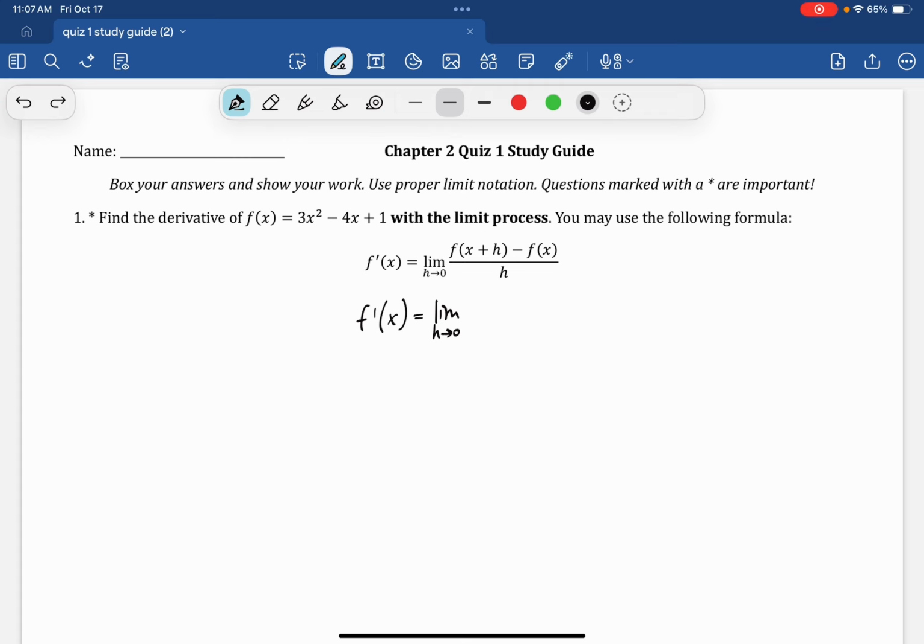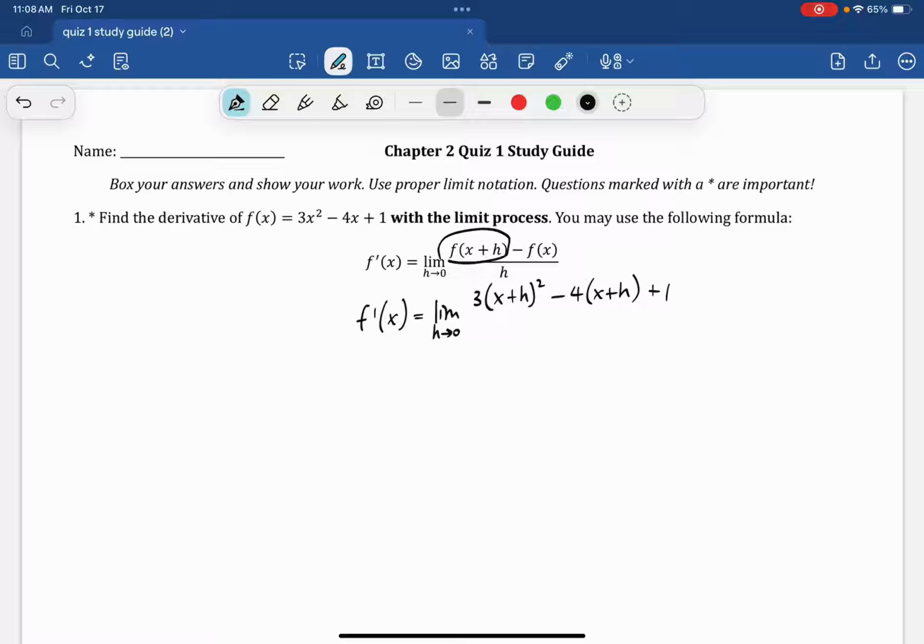And so that means we need to plug in x plus h into our function here. So f of x plus h is going to be 3 times x plus h squared, right? I'm just plugging in x plus h and replacing the x's with x plus h's. 3 times x plus h squared minus 4 times x plus h, and then the plus 1 remains the same.